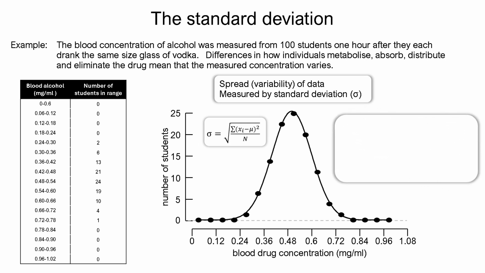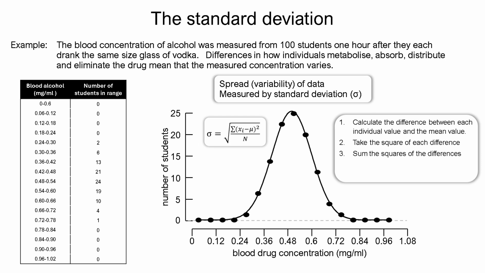The first step is to calculate the difference between each of the individual measured values and the calculated mean value. In other words, how much each value deviates from the mean. Each difference is then squared and all the squares added together.